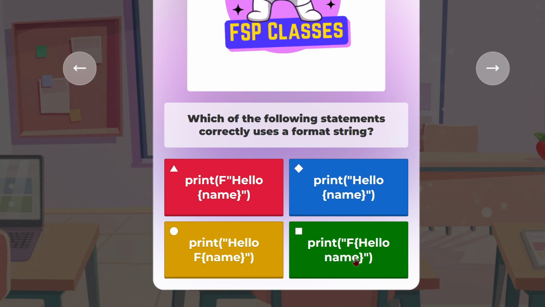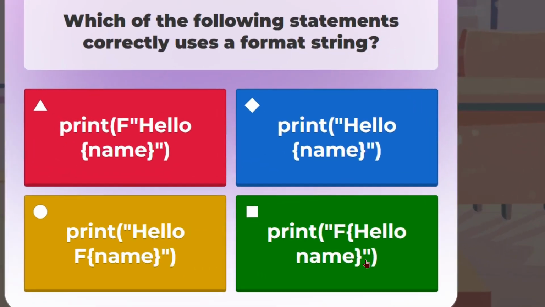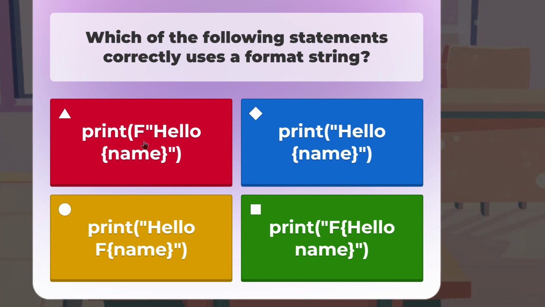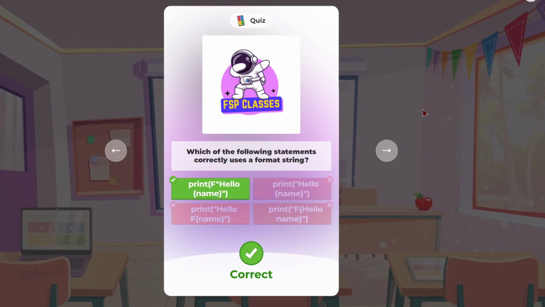It does not have curly braces. Here it is not starting with the F symbol. So that's the problem. But here it is starting with the F symbol, so that is absolutely correct.